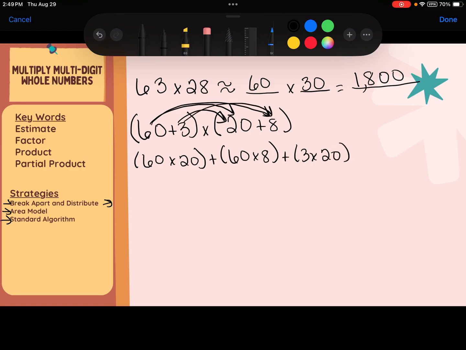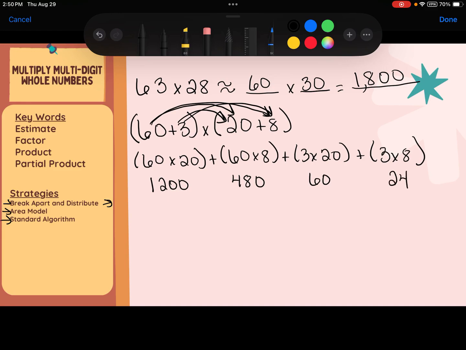Okay, so here I have my partial products are going to be 1,200, 480, 60, and 24. And when I add this all together, I get an answer of 1,764.